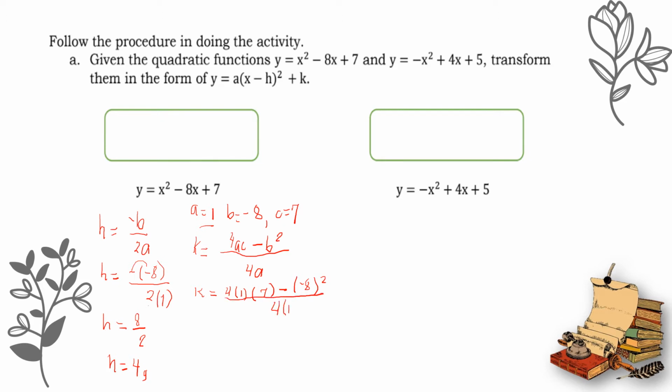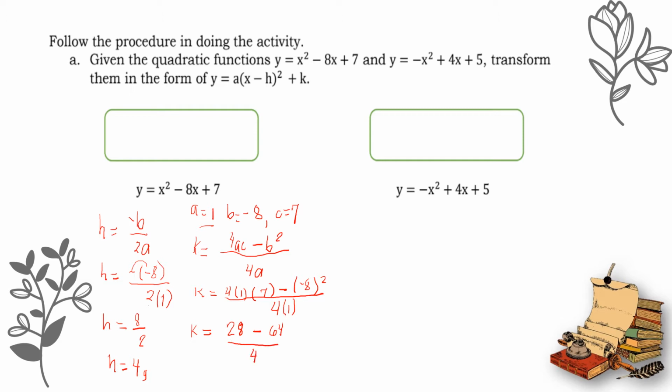Ang a po natin ay 1. Therefore, k now is equal to 4 times 7, that is equal to 28, minus 8 times 8, negative times negative, that is positive 64, times negative, that is negative 64, divided by 4.